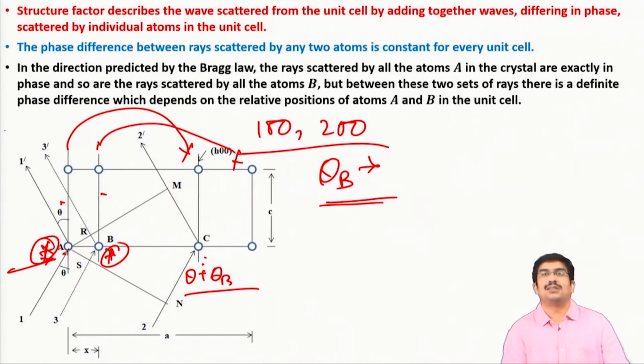Only between the two sets will there be a phase difference. This is an important point to consider, and we should not get confused later when we discuss peak broadening and so on.